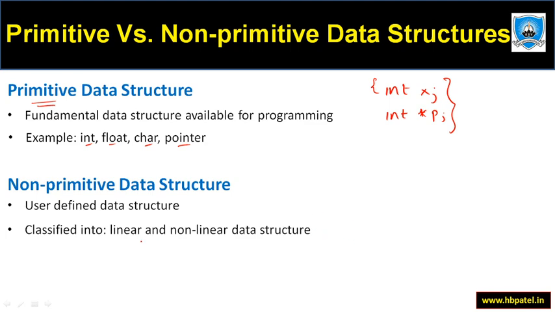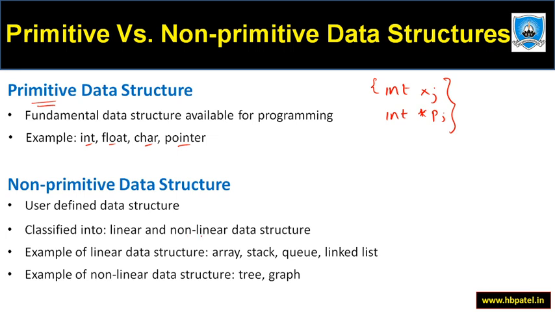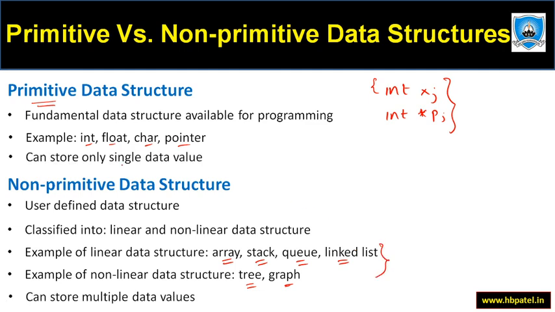But there are two different types, linear versus non-linear. In case of linear, we can have array, we can have stack, we can have queue, we can have linked list. And in case of non-linear, we'll be having tree and graph. We'll see them one by one in our next slide in detail. In case of primitive data structure, you can only store one value at a time. Means you can have integer x equal to 5.